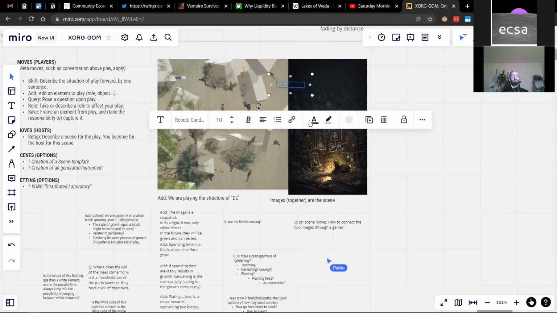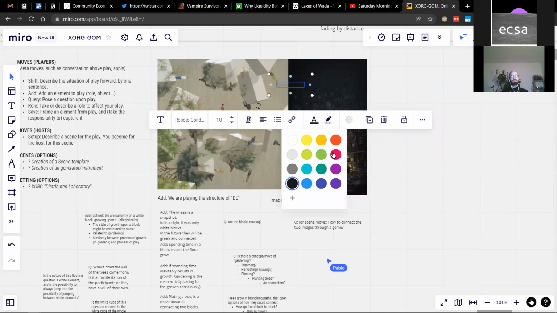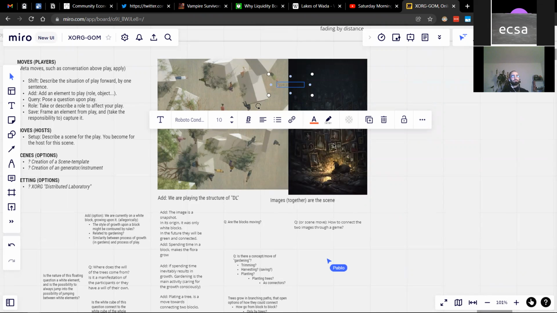I mean, this can be changed, but this is kind of making a start towards this red color. I'll put that in quotation.